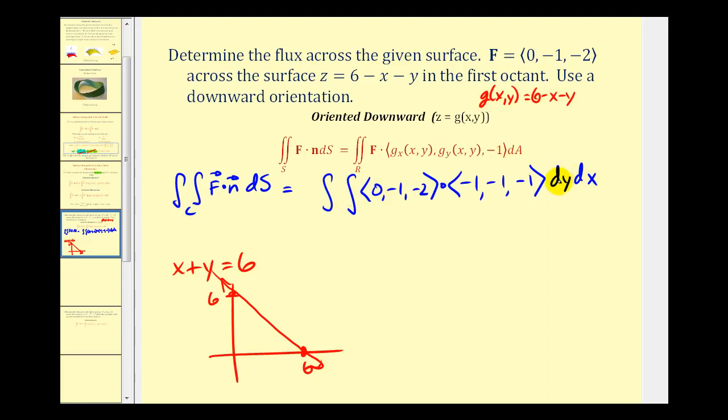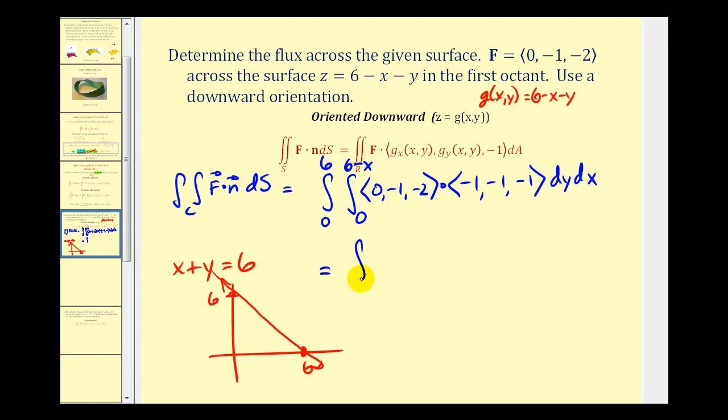So for the limits of integration for y, they'll be from 0 all the way to a function of x, so we'll solve this for y, it'll be 6 minus x. And the limits of integration for x will be from 0 to 6.